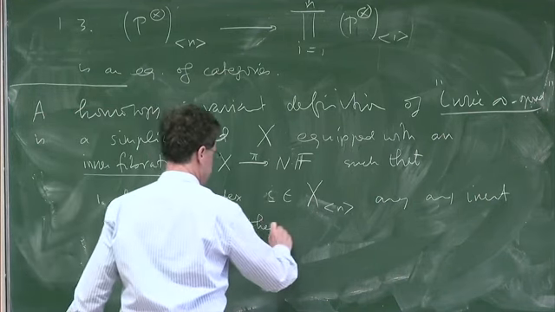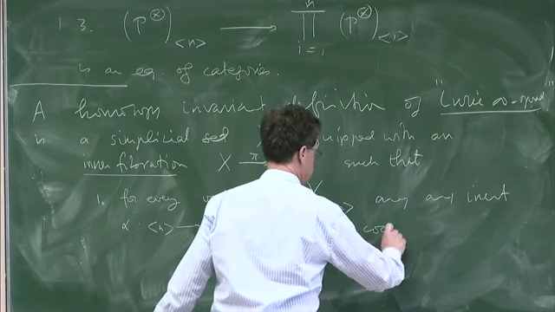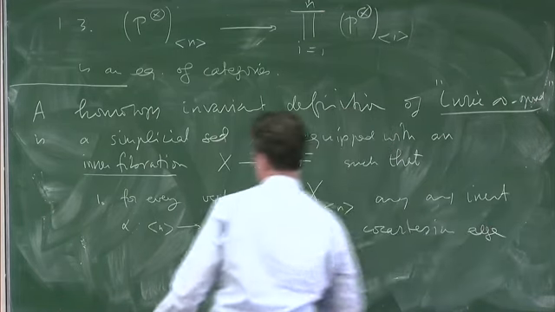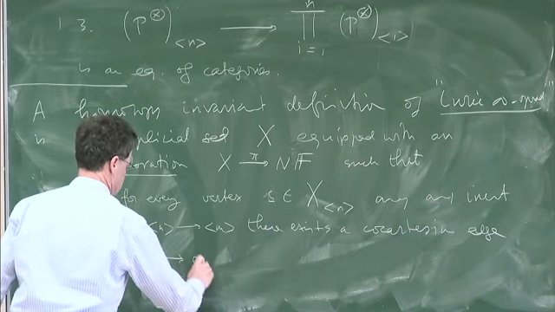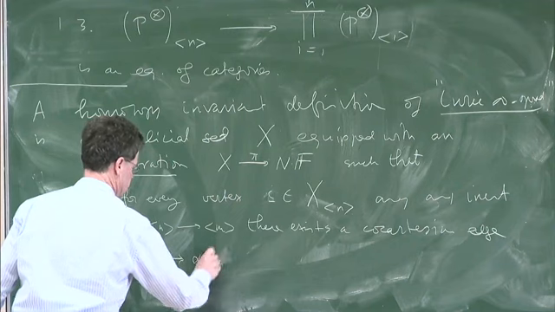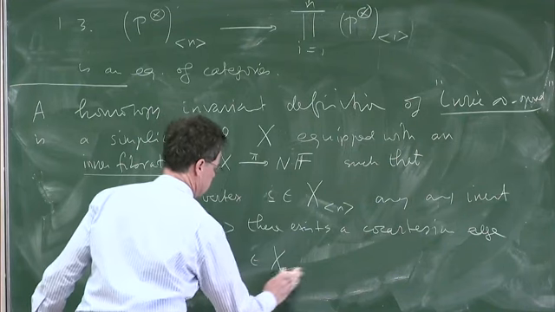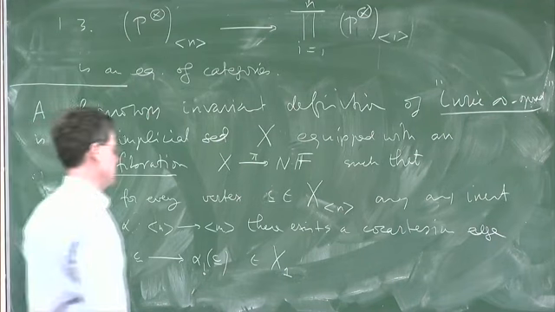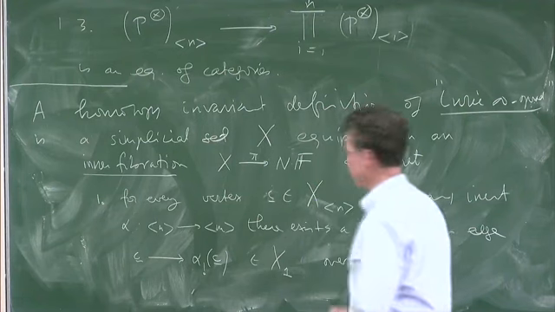There exists a co-Cartesian edge C to alpha shriek C. So this is a one simplex in X, not in X, so in X1, and pi of it is alpha.